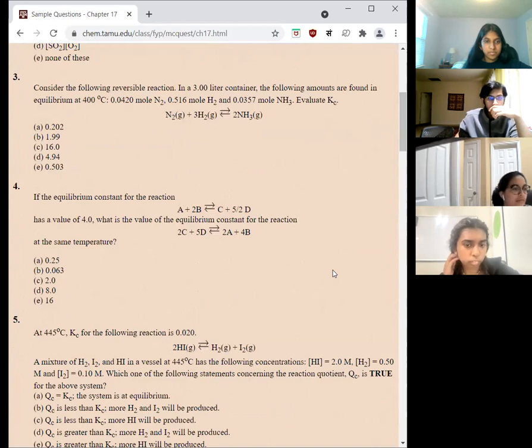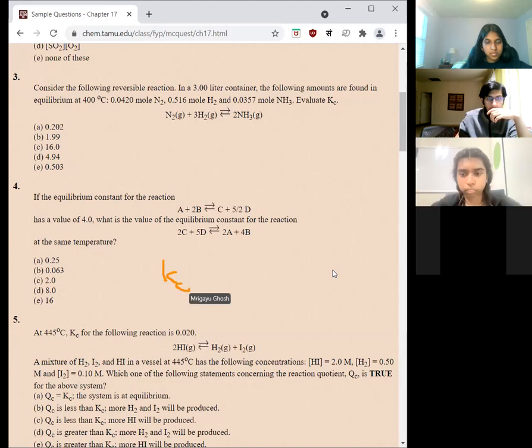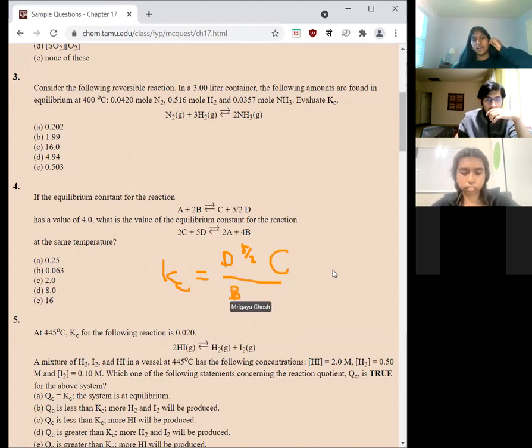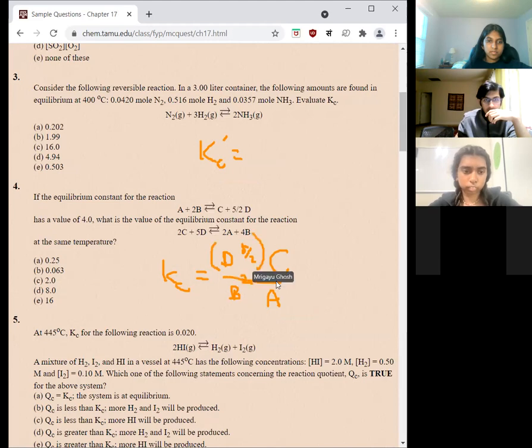Sure. So right now the Kc for the initial one is D to the 5/2 C over B squared A, right? I'm not drawing the brackets, but yeah. Okay, I see now. So now if we do Kc prime, we're taking this squared.